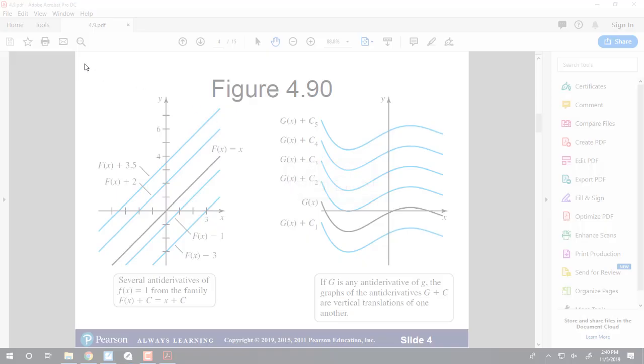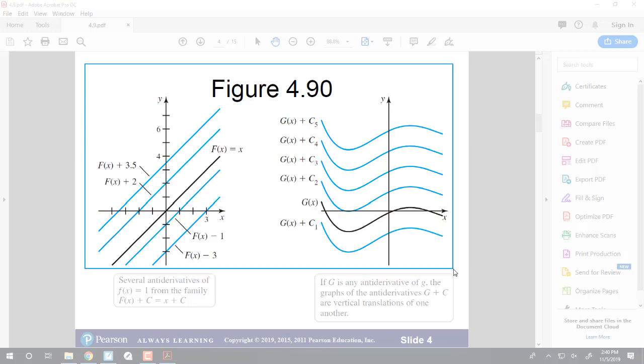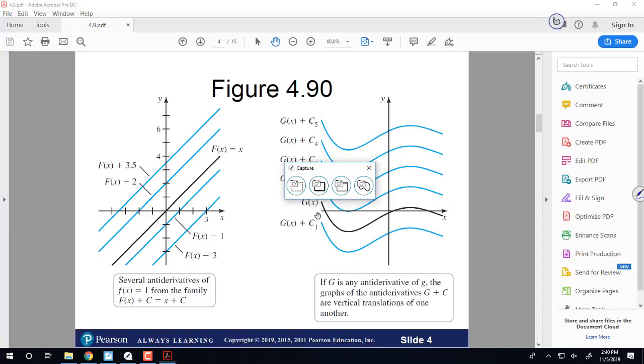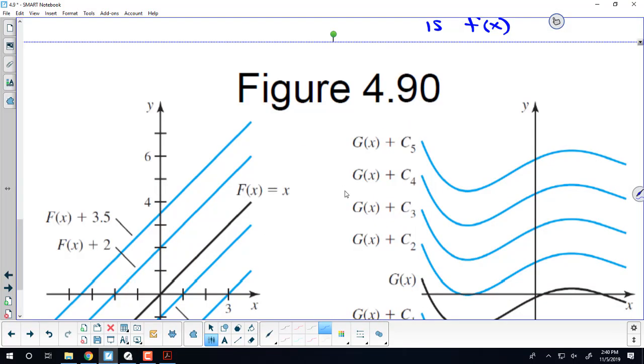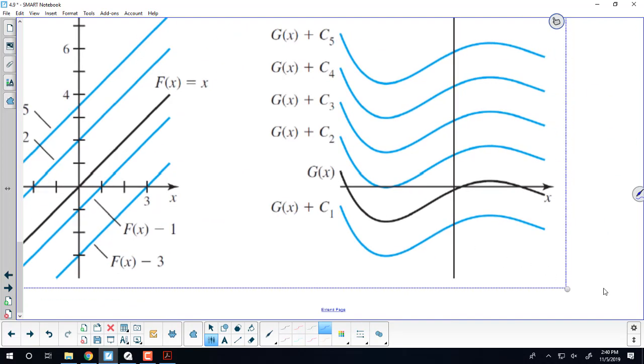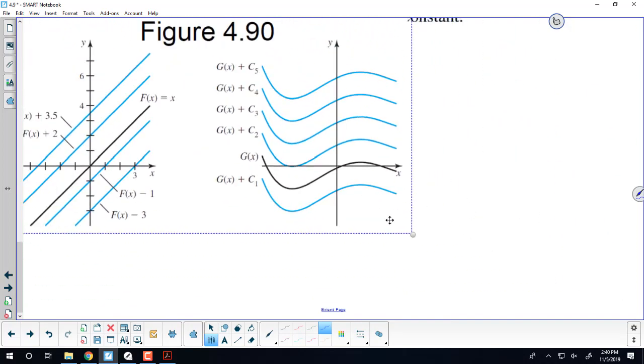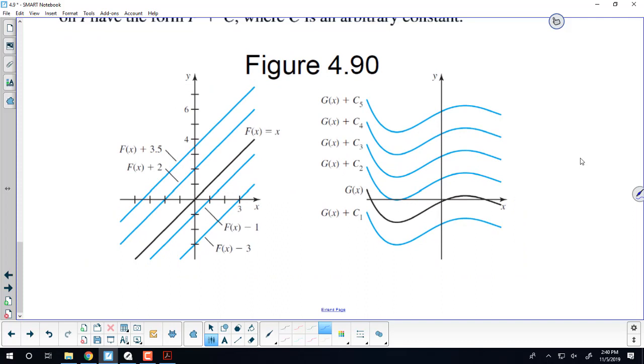All of these things in blue are antiderivatives. Instead of describing all of them, which we can't, we just put plus C. That capital F of X in black here was our original result, but then we added the plus C to all of them. So that's what they mean by a family of antiderivatives.